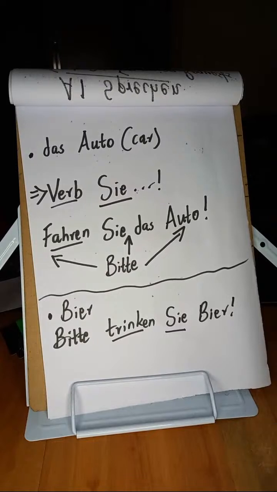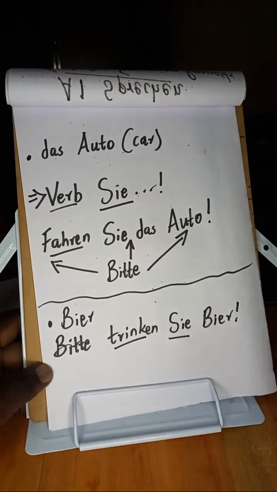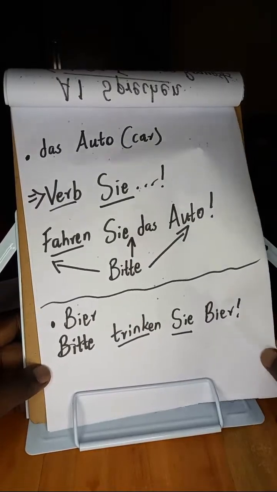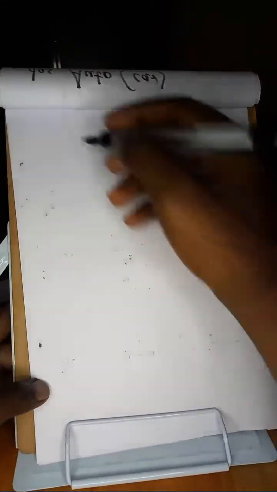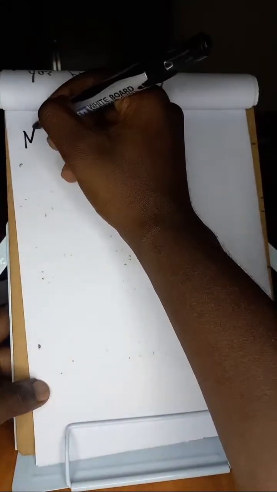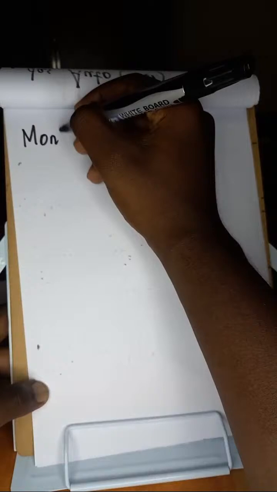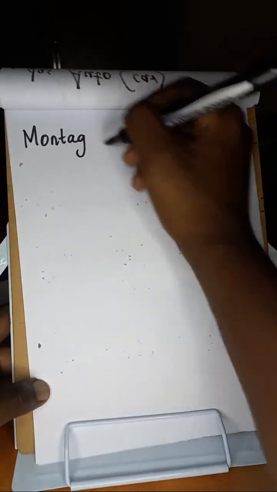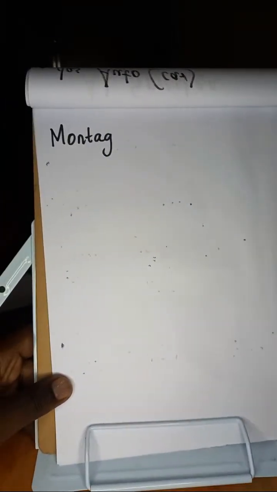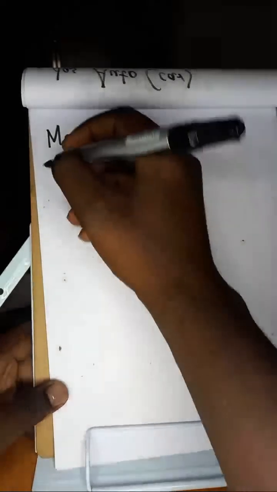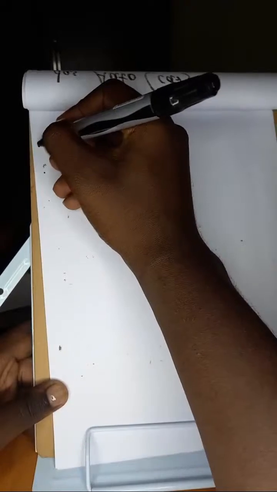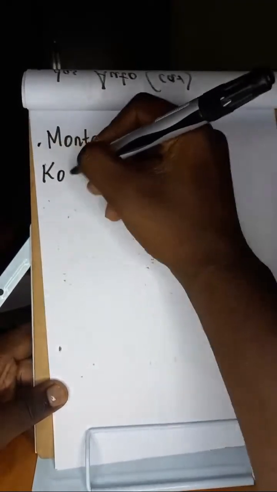Let's have two more examples, and then I allow us the chance to also form requests. Okay. Now, the next card I've been given here is Montag. Montag is Monday, right? So I could request somebody, please come on Monday. So come is just kommen.